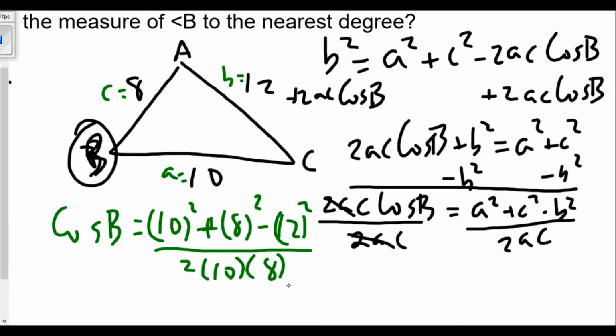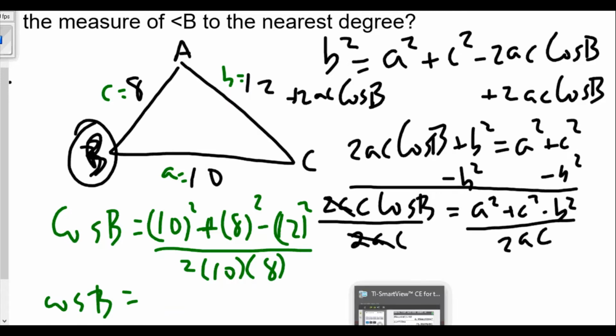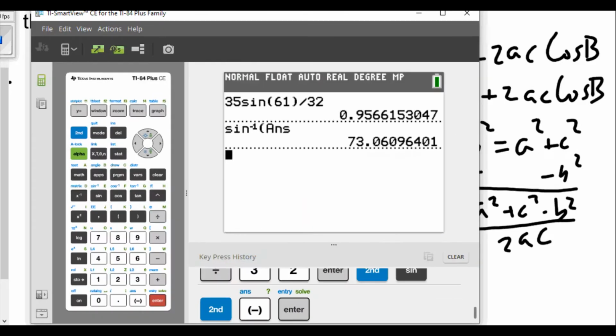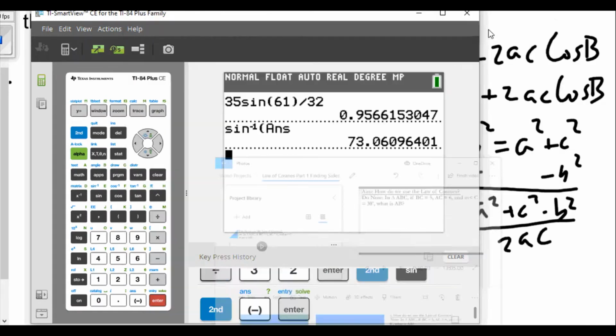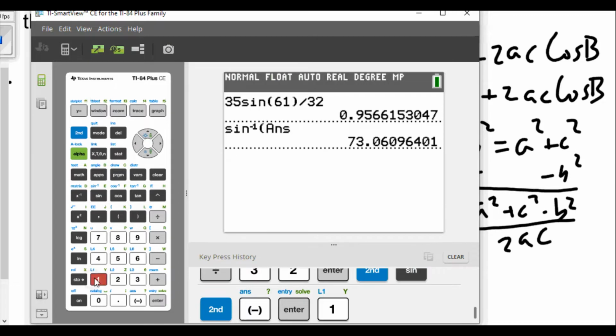Now, one of the things I would recommend is that you find the values separately. So let's pull up a calculator. 10 squared plus 8 squared minus 12 squared.